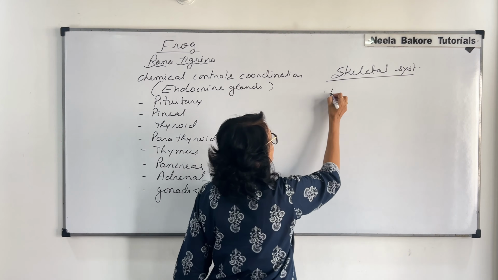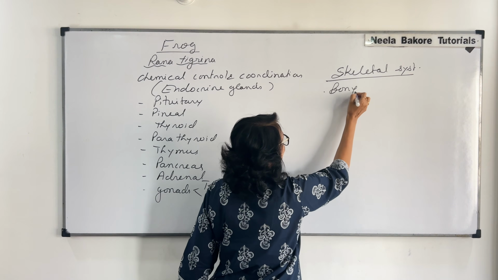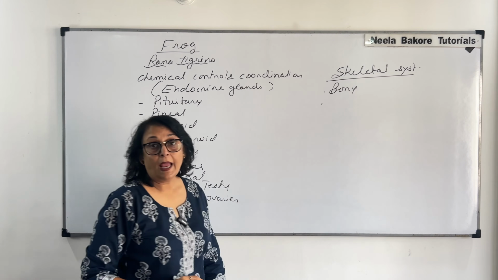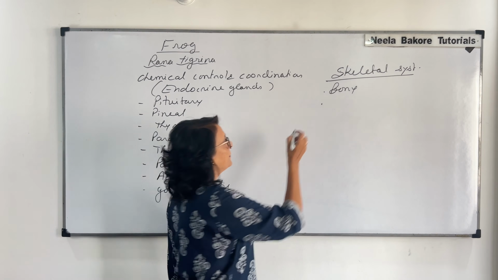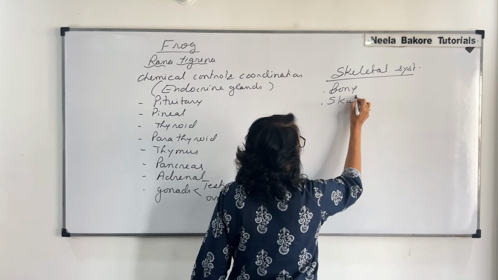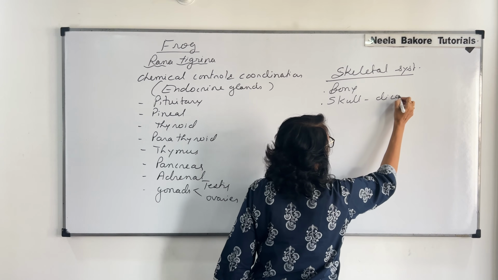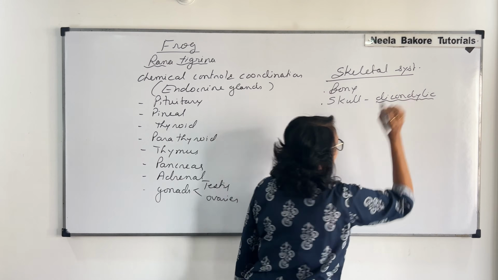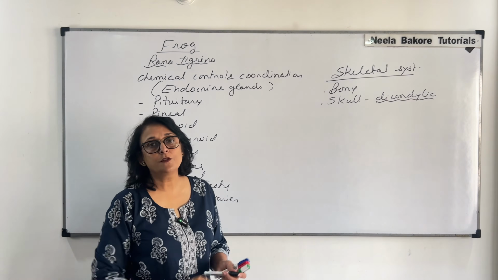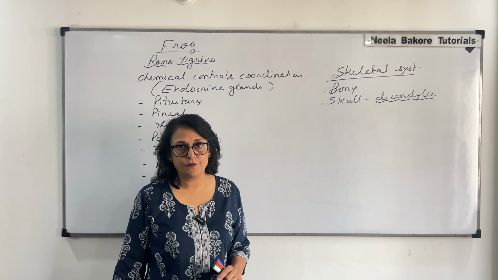The skeleton is bony and the skull part. We have to talk about skull and the vertebrae. So skull is dicondylic. And this is the important thing. We talked about this when we were talking about the cranial nerves.